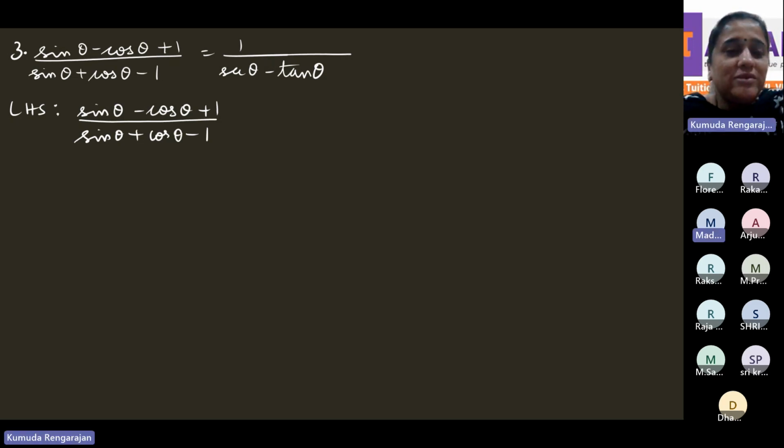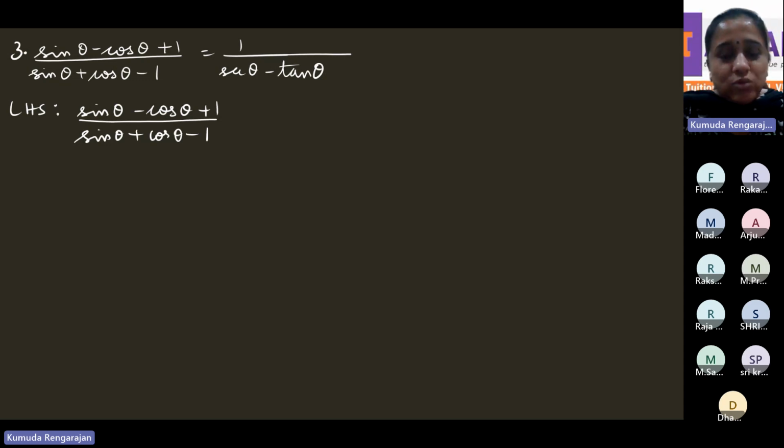We are not going to take up the RHS. We'll always take up the complicated side, the side which looks like it can be simplified. The side which has more number of terms, you can make out by just looking at the identity.